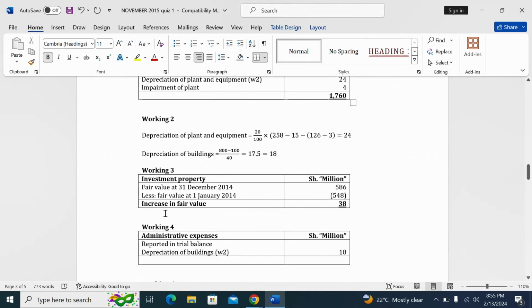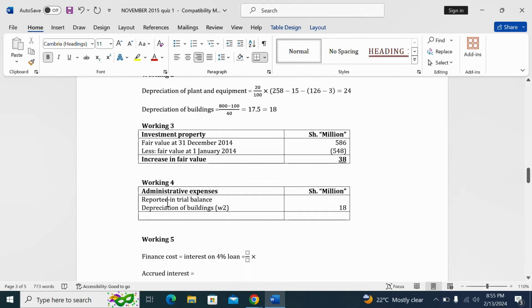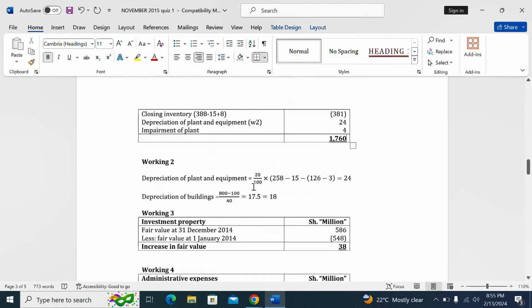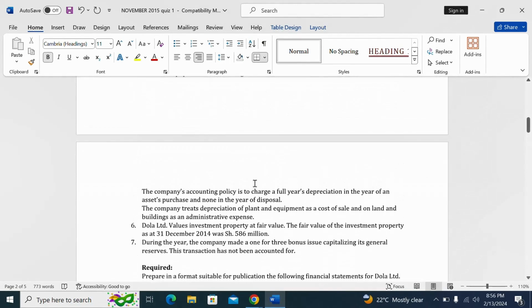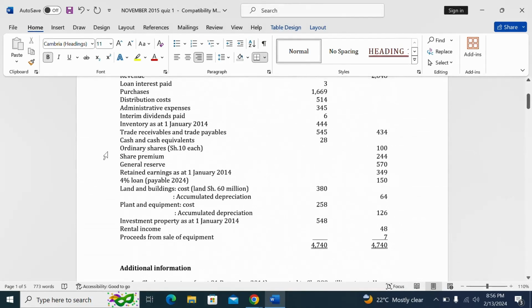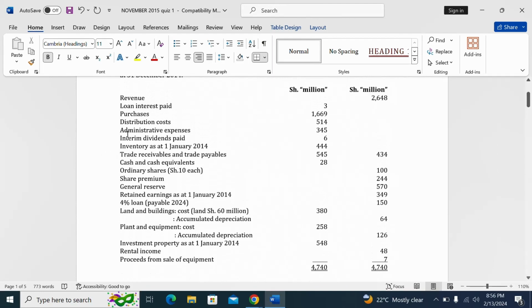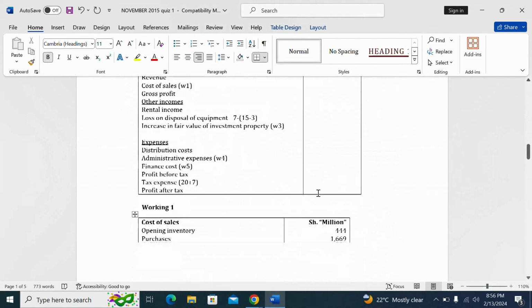Then we go to investment property. That one is done. Administrative expense. We look at the reported figure of administrative expense in our trial balance. How much was administrative expense? The administrative expense was 345.